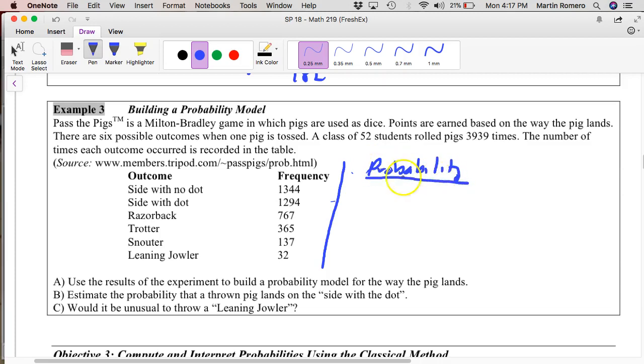That would be another column for us. In total there were 3939 rolls of the pigs. And so estimate the probability that a thrown pig lands on the side with the dot. Side with the dot is here. That probability would be 1294 divided by 3939, and then we would have to convert that to a decimal.